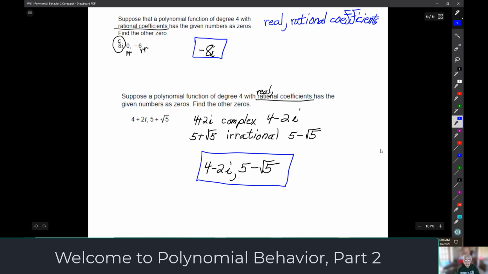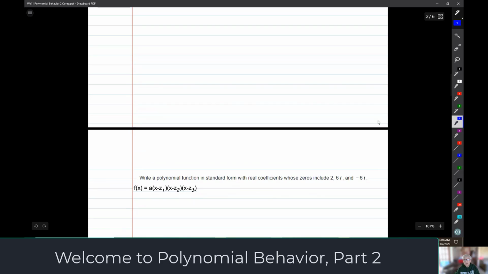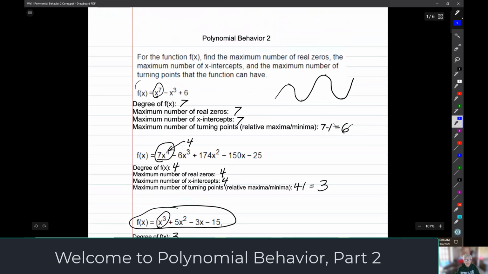So the first set of problems and the last set, we were on the last set, here's the first set. All of these are incredibly easy, and for people who got here later, all it tells you is that if you have this polynomial and the leading term is x to the 7th, then the degree of the polynomial is 7. You're going to have at most that many real zeros.